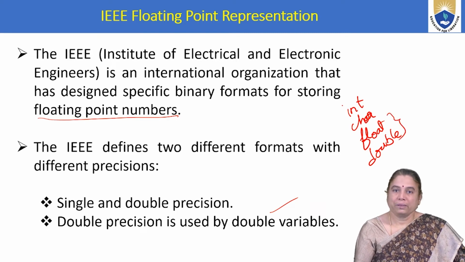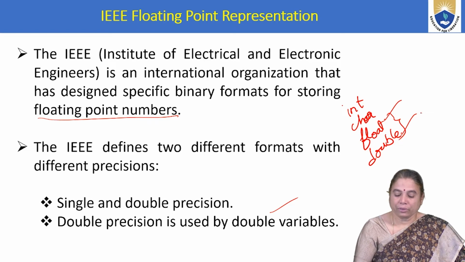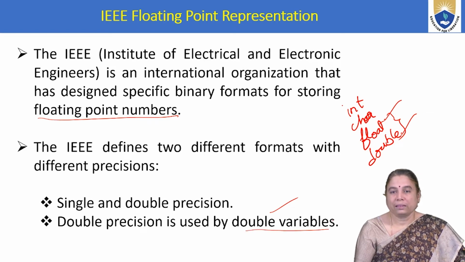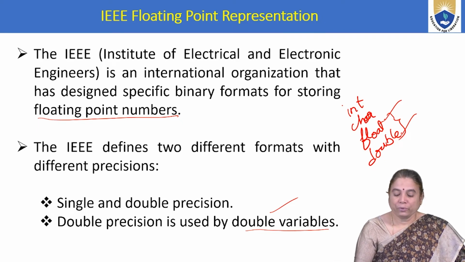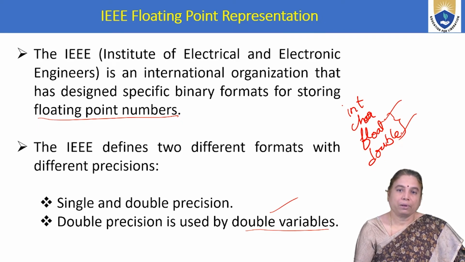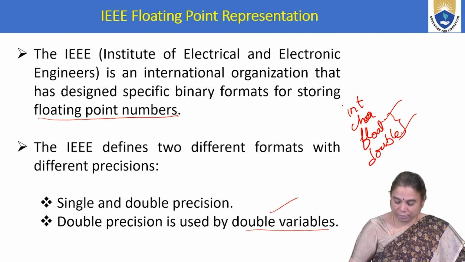The float is generally the single precision format. Double is the double precision format. So the memory occupation of these data types differs by using single precision and double precision representation.